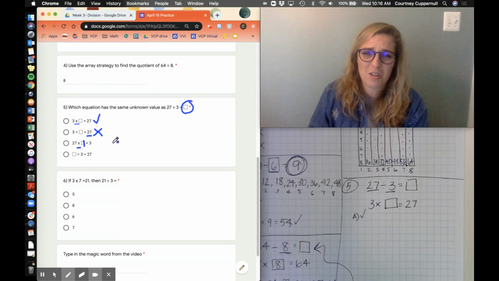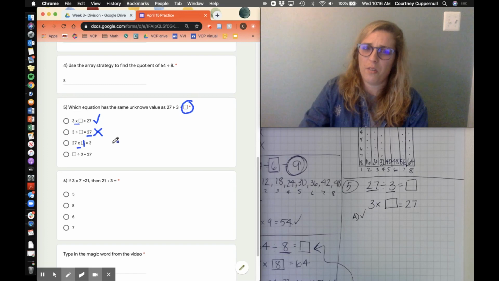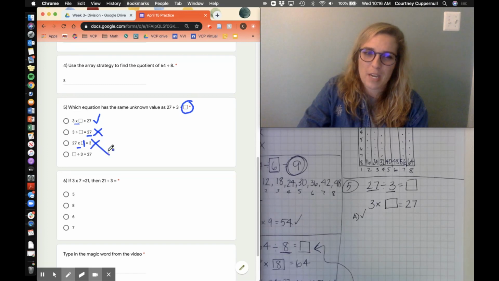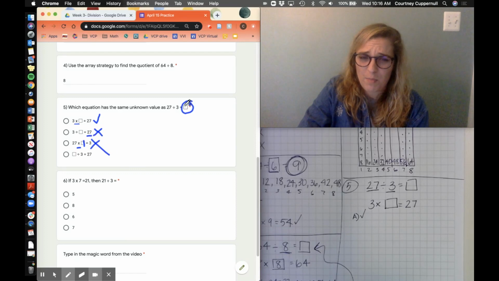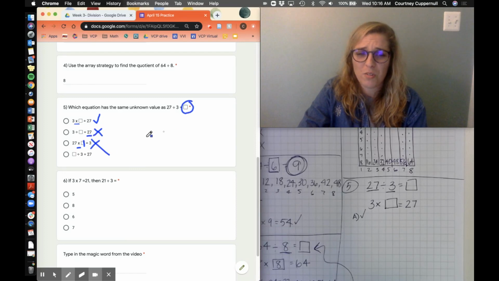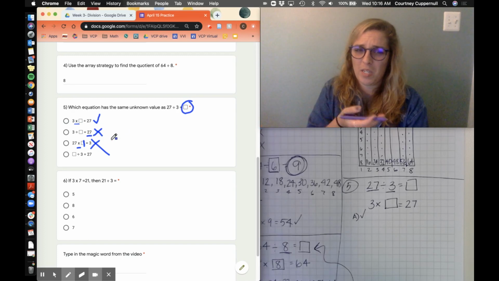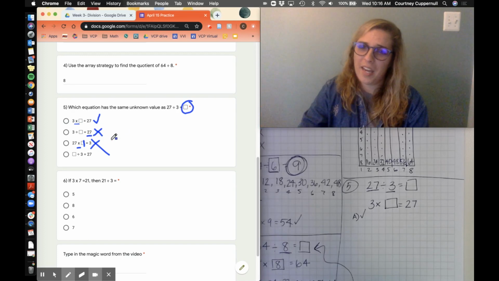So that's not equal to 3. So it's not my answer choice here either, because if I stick 1 into my box here, that's not going to be my correct quotient. So that can't be the same value. Also, 27 is more than 3, so I can't put that in there.